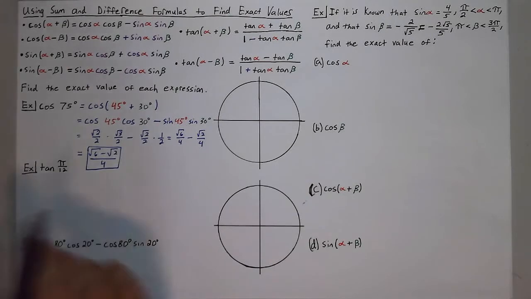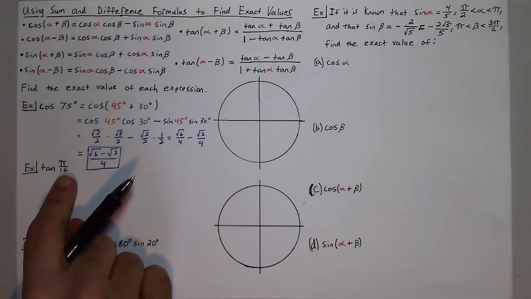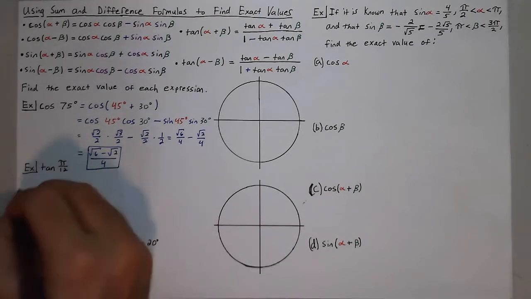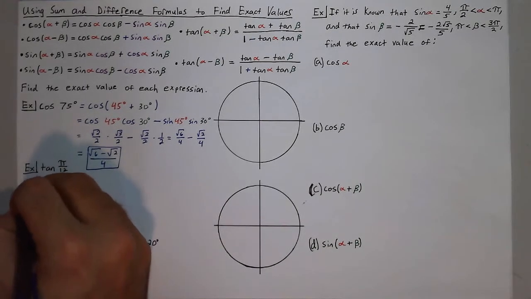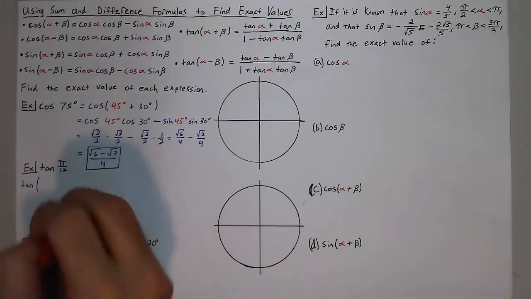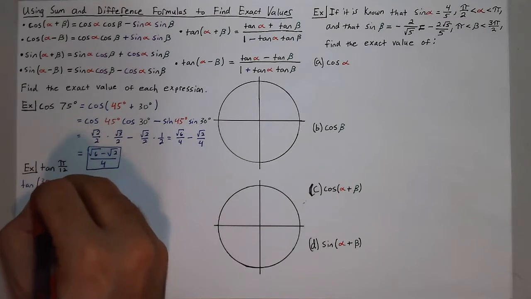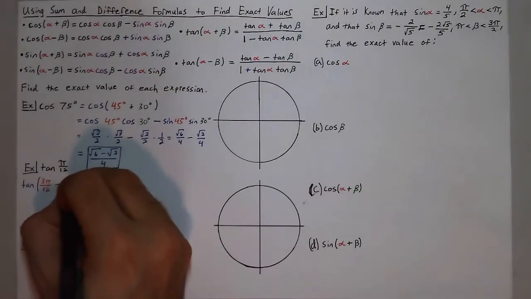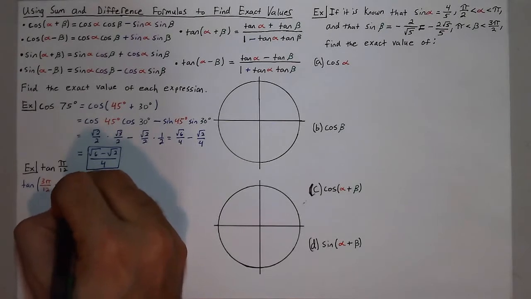Now I can do something similar with tangent of pi over 12. Again, pi over 12 is not a value on the unit circle, so I have to think of another way to make pi over 12. Well, one way to do this could be the tangent of, let's say, 3 pi over 12, which is also known as pi over 4, minus 2 pi over 12, which is pi over 6.